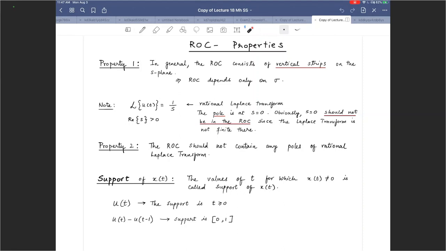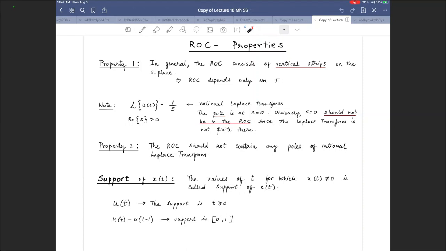Property number 2, the ROC should not contain any poles of the rational Laplace transform. If you take a polynomial in the numerator and a polynomial in the denominator to represent the Laplace transform of a function as a rational Laplace transform, you can find the poles of the system, meaning the values of s for which the denominator goes to 0.